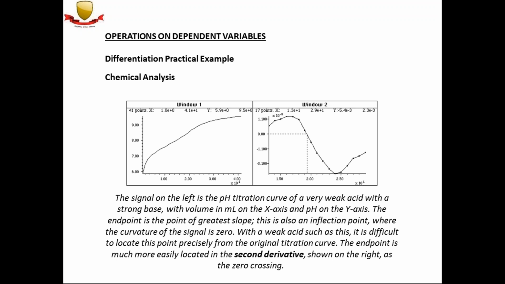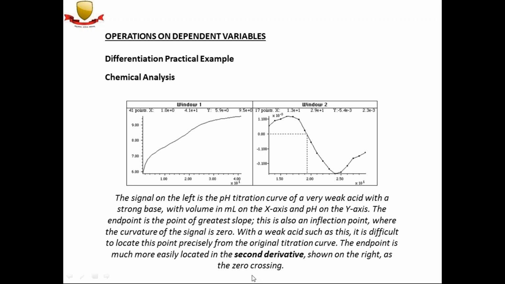The first derivative of the titration curve will therefore exhibit a maximum at the inflection point, and the second derivative will exhibit a zero crossing at that point. The maxima and zero crossings are usually much easier to locate precisely than the inflection point.